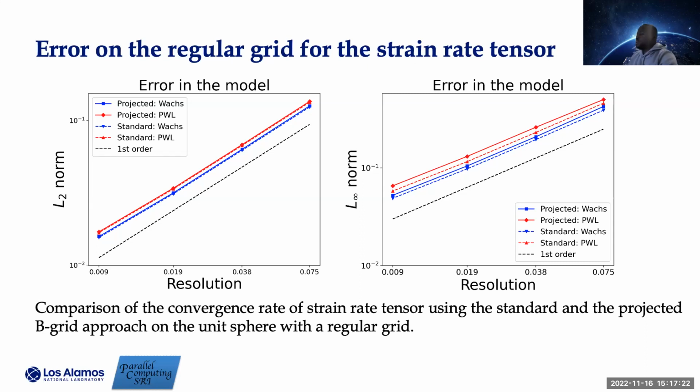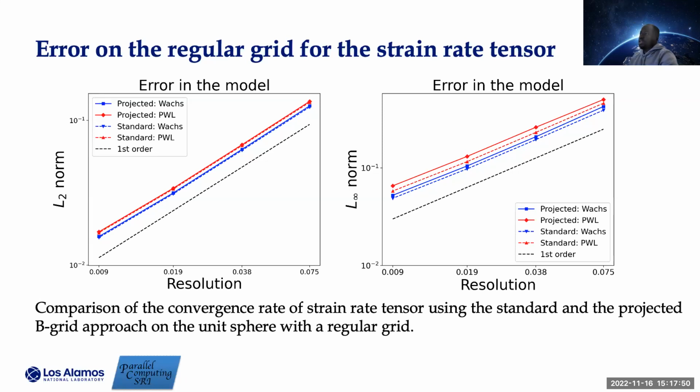The main reason is that the way we compute the strain rate tensor in MPAS is the same whether we use the standard approach or the projected approach, because we still use the information from each individual cell. We are not using the common cell to compute the strain rate tensor, but each individual cell's information. So that's why we do not see much difference in these results.